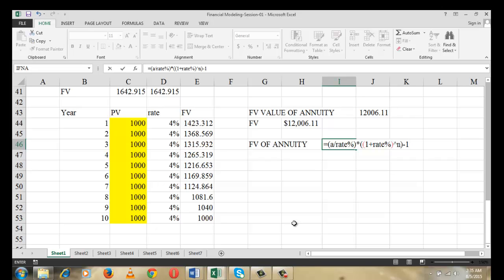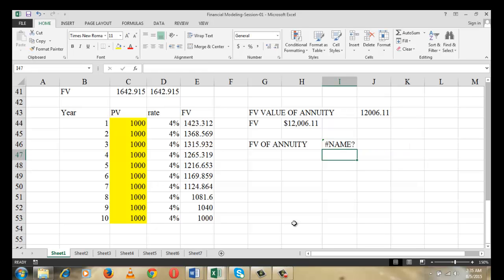So this is the formula of future value of annuity: A by R, 1 plus R to the power n minus 1. So the future value of annuity, when you work on a certain scenario.